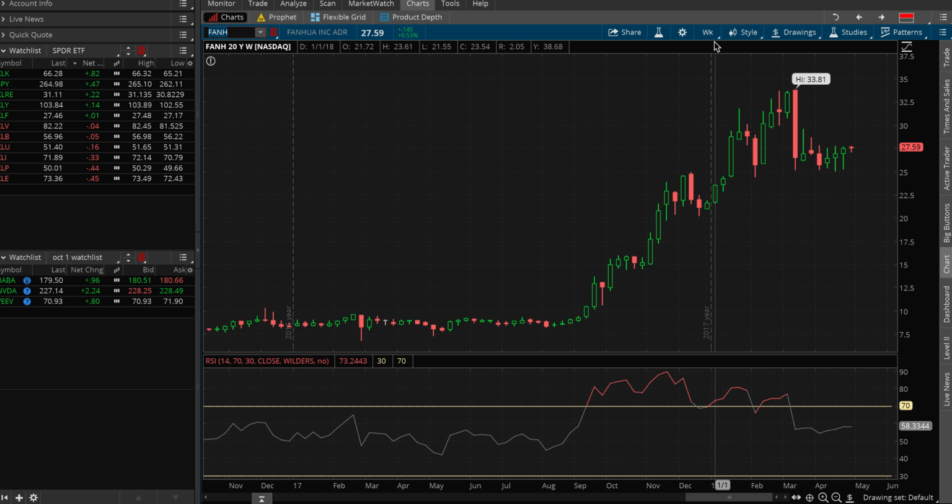Now we want to find entries from September 11th to, let's see, before this down move was March 5th, 2018. So roughly about 6-9 months from there, right?